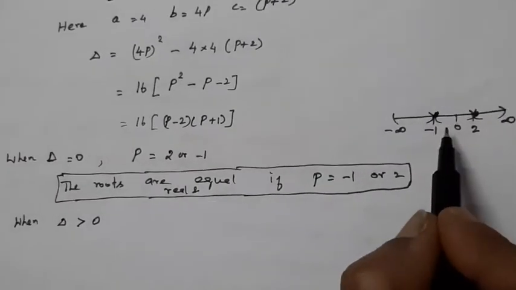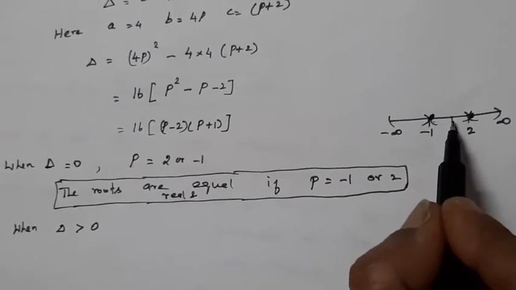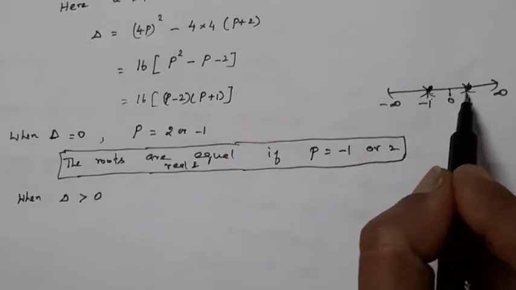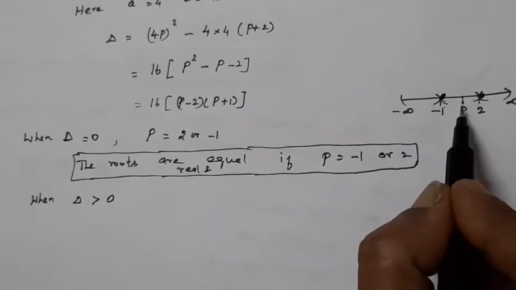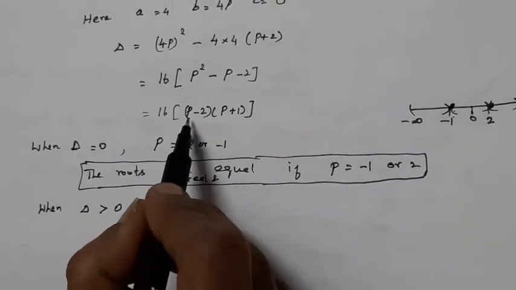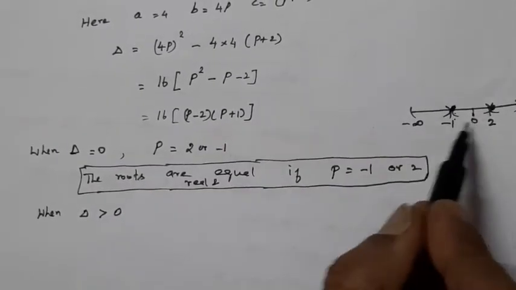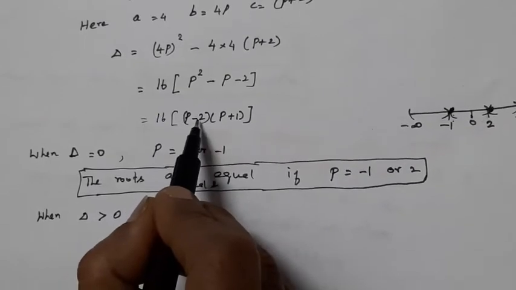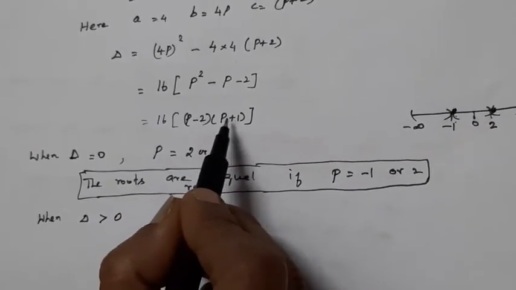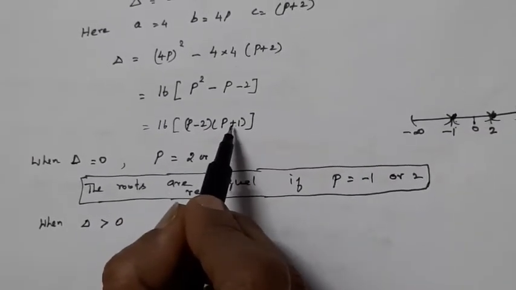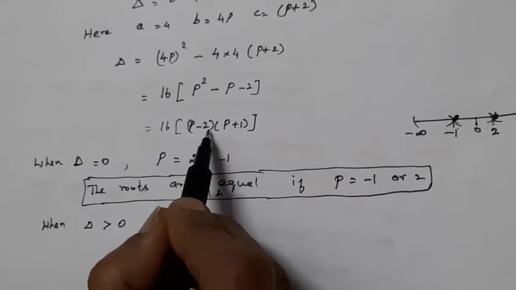Okay. So, choose the interval in which 0 occurs, that is minus 1 to 2. On substituting p as 0, you will get 0 minus 2, that is minus, and 0 plus 1, that is plus 1. So, minus into plus, negative into positive, it will be negative.